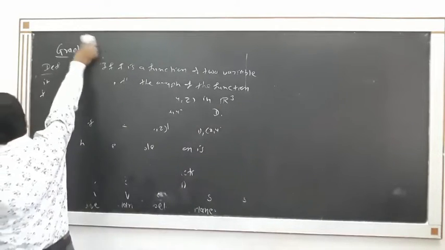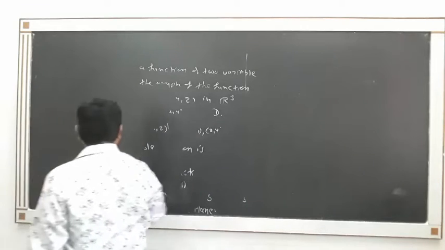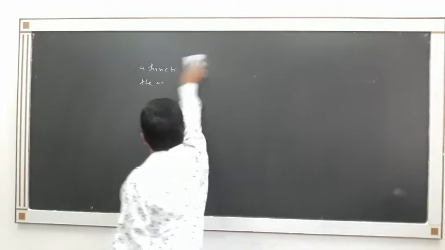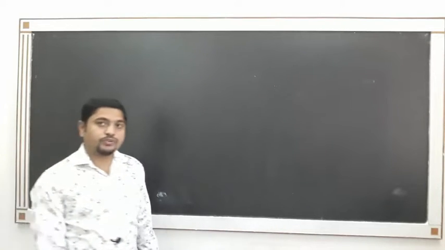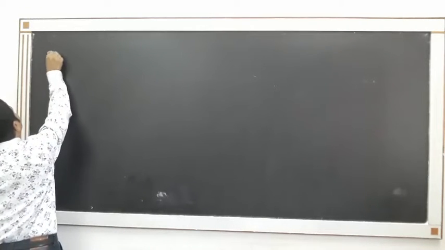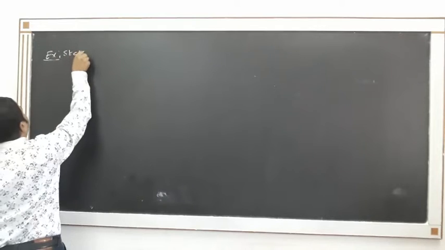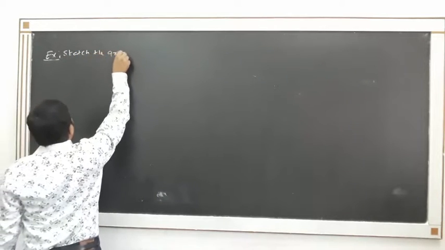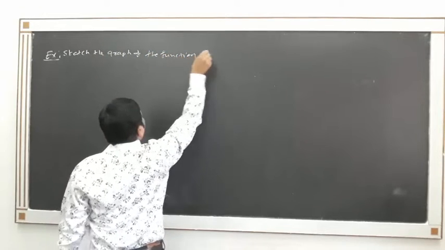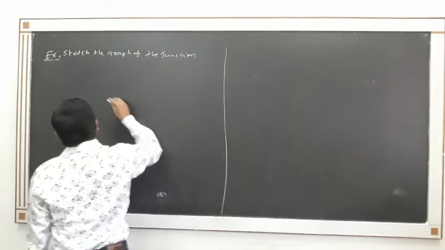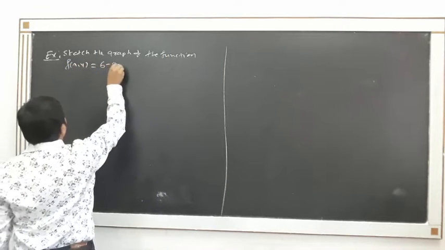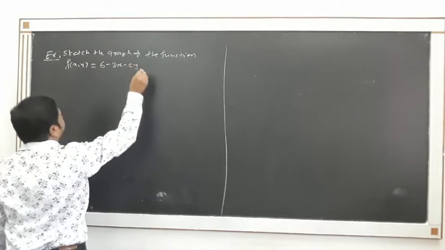Our first example is to sketch the graph of the function f of (x, y) is equal to 6 minus 3x minus 2y.